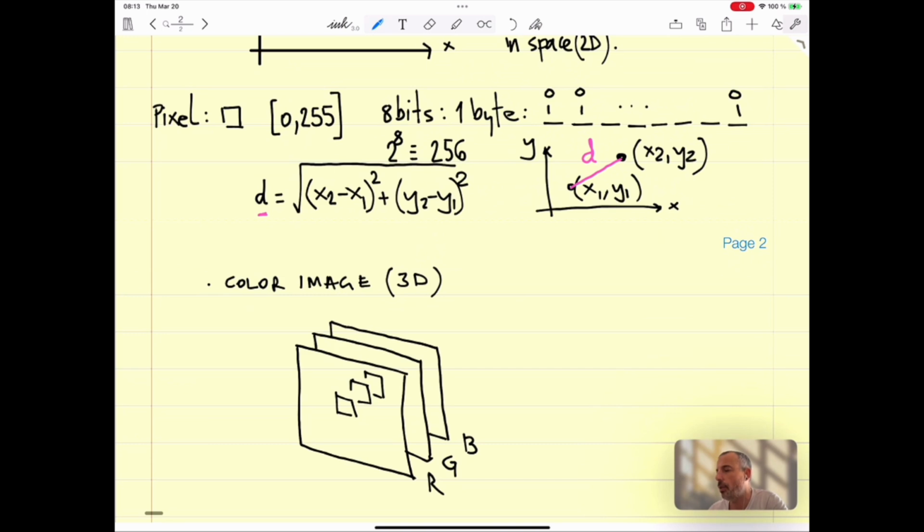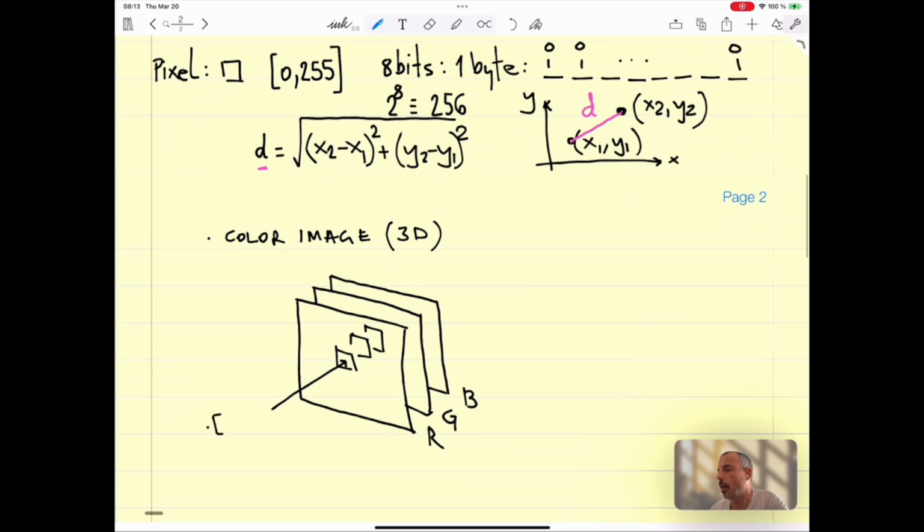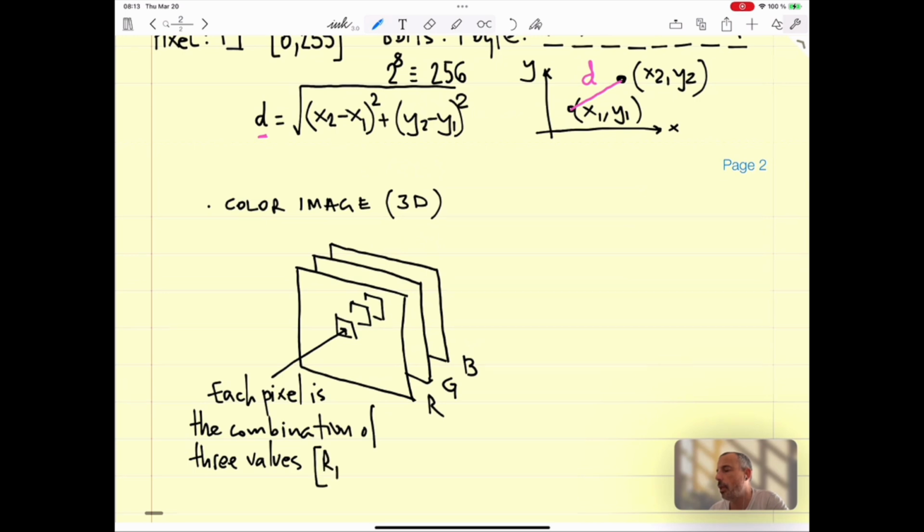Okay, so each pixel is the combination of 3 values, the RGB channels, and all RGB channels belong also to the interval 0 to 255.